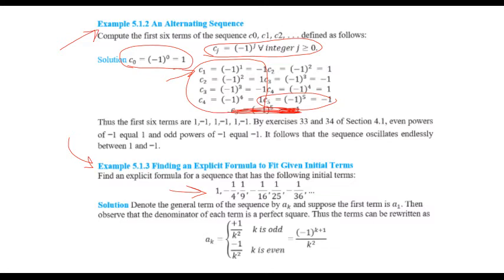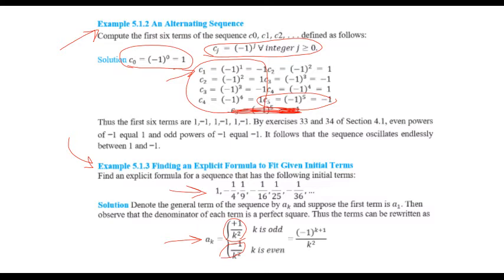So it should have a very similar explicit formula. To summarize, I can write it like this. I can say a sub k is equal to plus 1 over k square if k is odd, and negative 1 over k square if k is even.